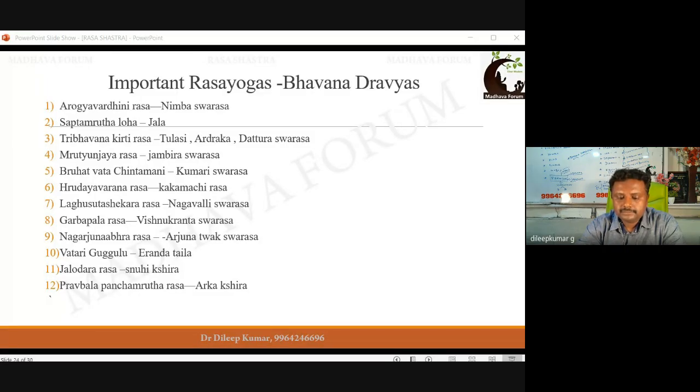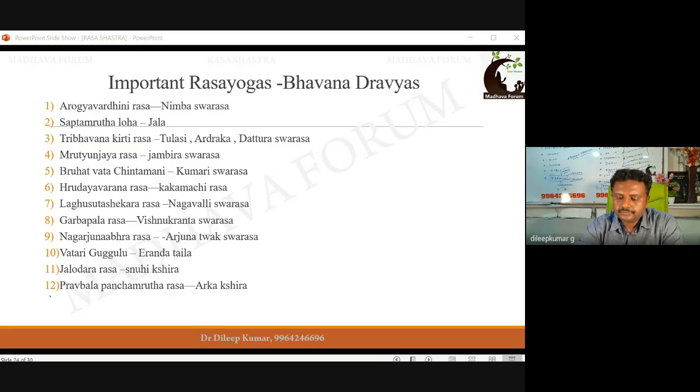Amlapitta. So Sutashekara Rasa contains shunti, maricha, pippali. So many ingredients are there. Shunti, maricha, pippali, trikatu, directly you can write.